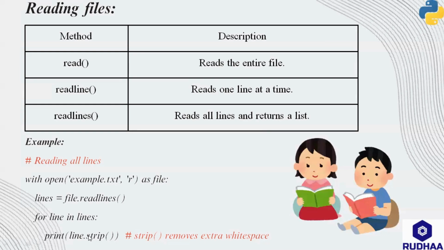We have already seen in the previous session that the strip keyword is used to remove the white spaces present at the front or at the end of the string. So readlines will read the lines and store them in an object called lines. For each and every line present in the lines, it will print the line without any white space. This is the readlines method. Similarly, you can use the read or readline method also.